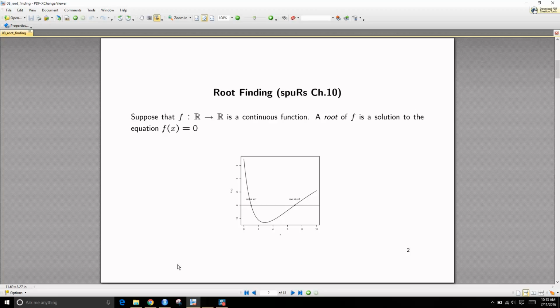And if you think back to calculus, one way to find the maximum or minimum of a function is to take the derivative and find where the derivative is equal to 0. And so that is an application where root finding, where the function is equal to 0, is very important. And we'll explore this topic later.